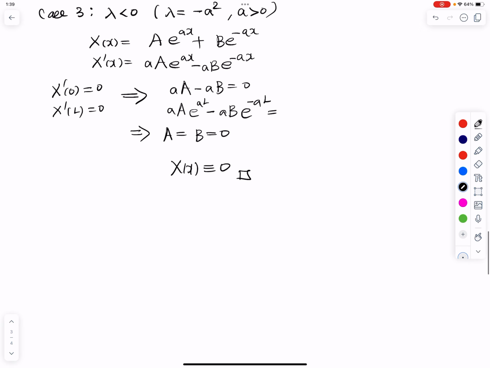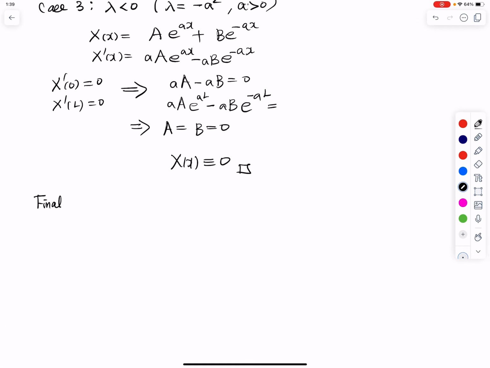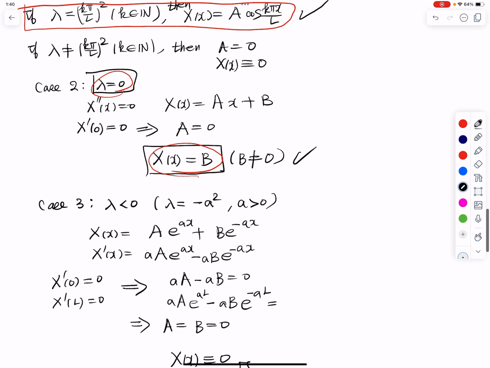So finally, if lambda equals k pi over L squared, now I change k to be k equals 0, 1, 2, 3, and so on. If k equals 0, then lambda becomes 0. That's case 2.